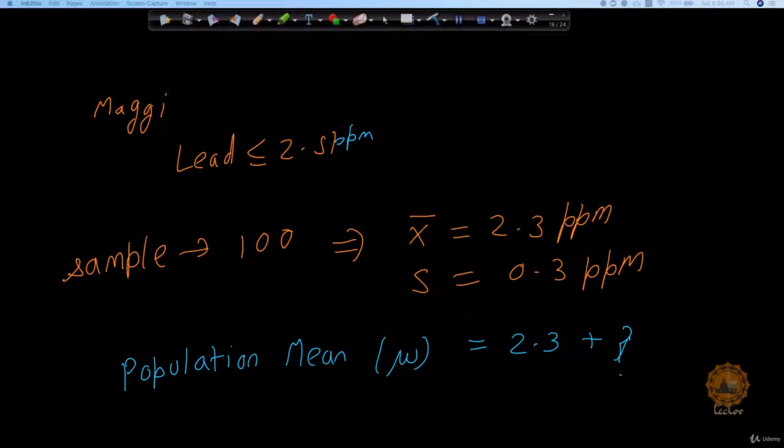Now, my question is that my population mean is going to be somewhere around 2.3 plus some question mark, right? So, though this is the permissible limit, whatever the whole population has, I don't know that population mean. So, I would go with an assumption that it's going to be plus minus something, but I don't know the exact value of this question mark.